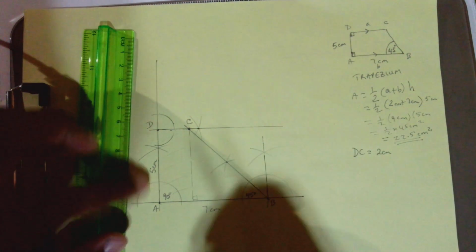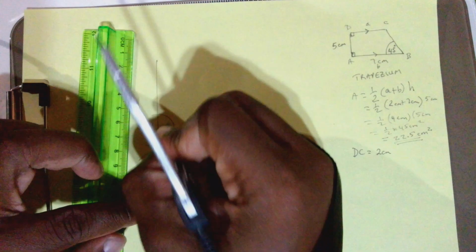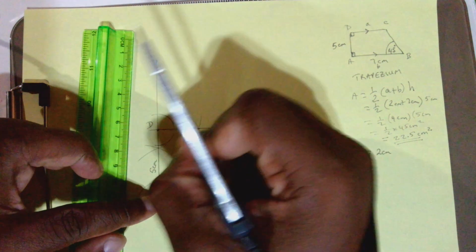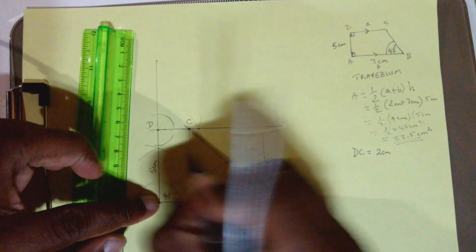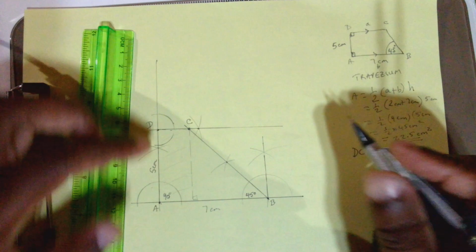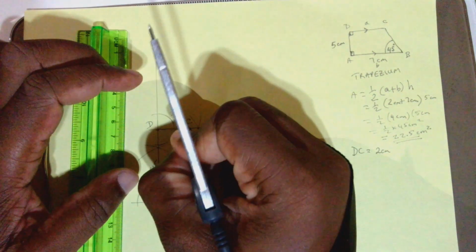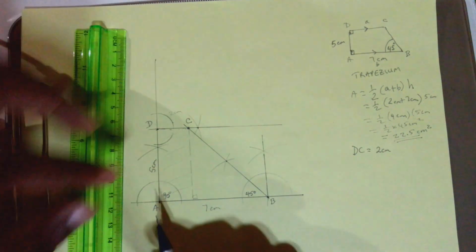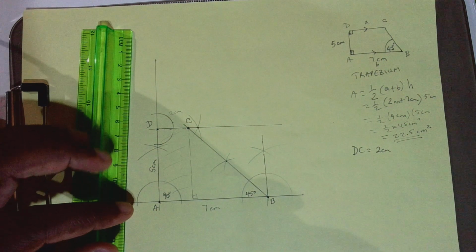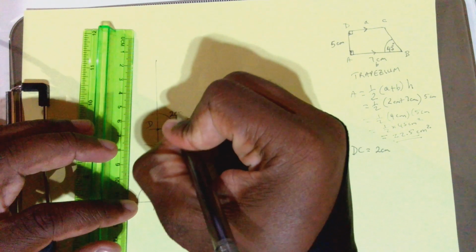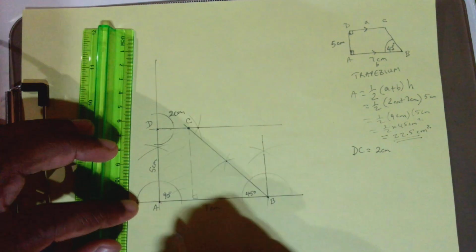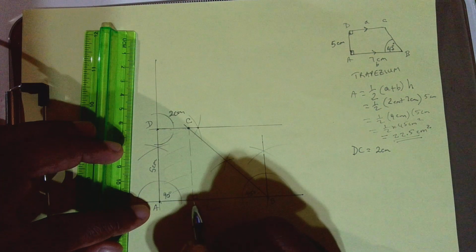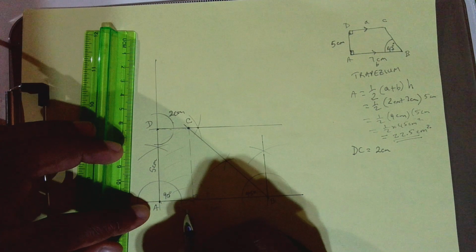Now, this here is 2 centimeters, from D to C. So that means, since this is 2 centimeters from D to C, then from here to here will also be 2 centimeters.